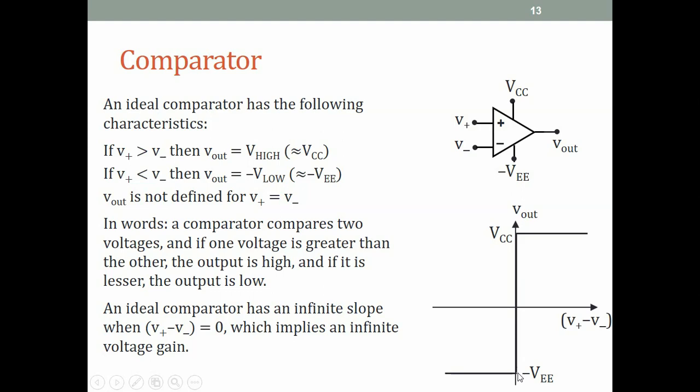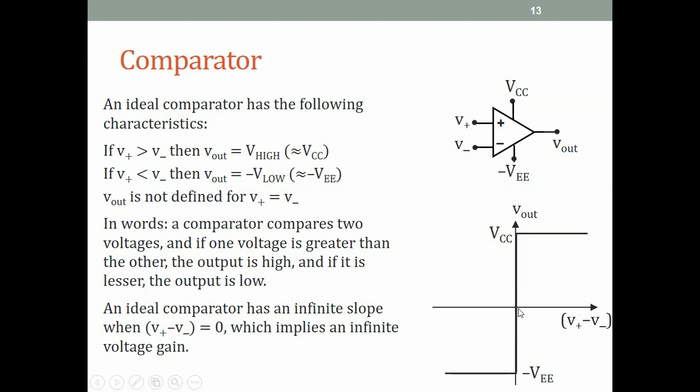Now if you remember, last semester we had drawn a similar curve for an op-amp, and an ideal op-amp has the same characteristic, but this ideal characteristic implies that the voltage gain of this circuit when V plus is equal to V minus is infinite, because the slope of this line is infinite when V plus minus V minus is 0, which is of course only an ideal case.